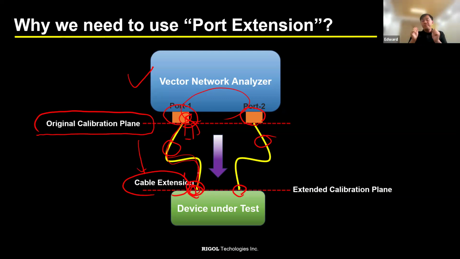So that means we need to input some of the cable parameters into the vector network analyzer to do further mathematical calculations and more complicated calibration procedures, to make a more precise calibration result, right? Okay. So that is the major spirit of the calibration of the port extension.